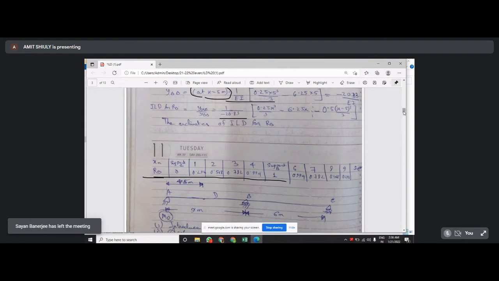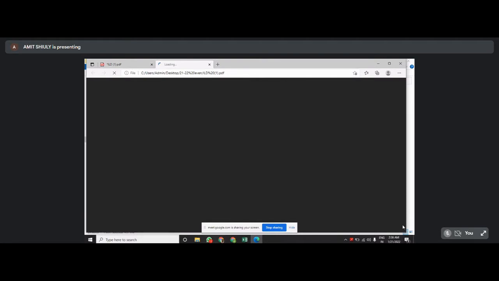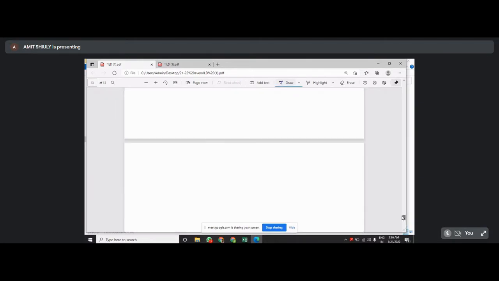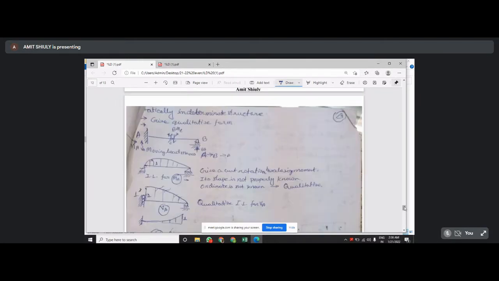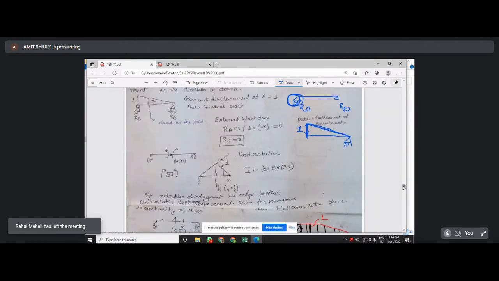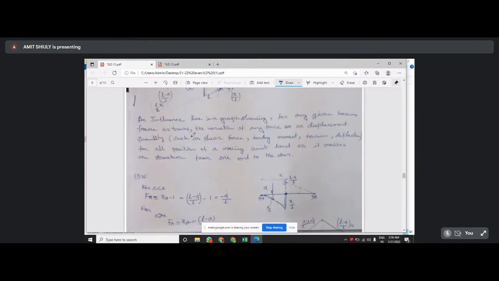So suppose, if you recap it, an influence line is a graphical representation for any given beam, frame, or truss.